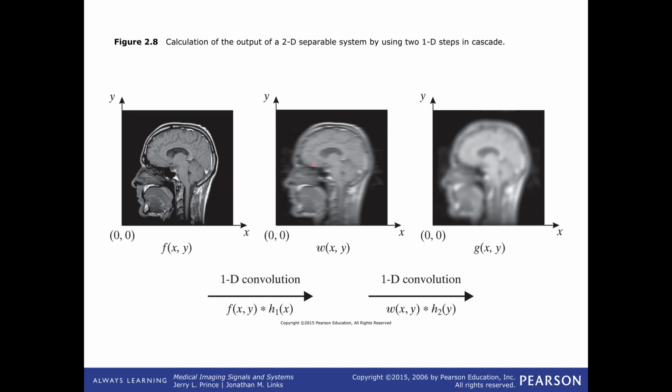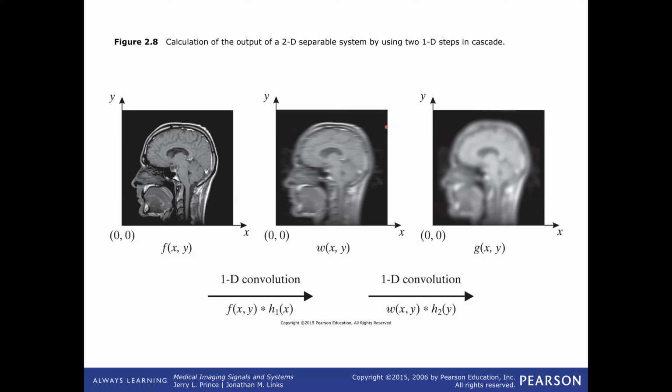You can see if I look at edges that are in the x direction, like the edge of the nose here, the edge of the back of the neck, when I move in the x direction, it's blurry. However, if I go up in y, it's still pretty sharp. That's because we have not done the convolution in y yet, right? And so it's just blurred the thing in one direction. And now I do the convolution in y, and I get a fully two-dimensionally blurred image.